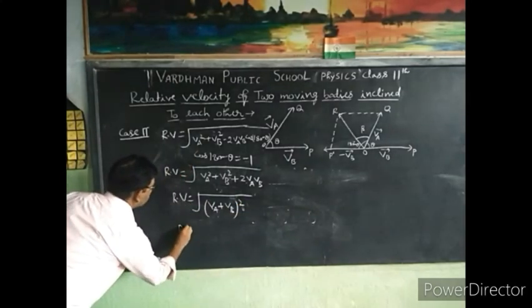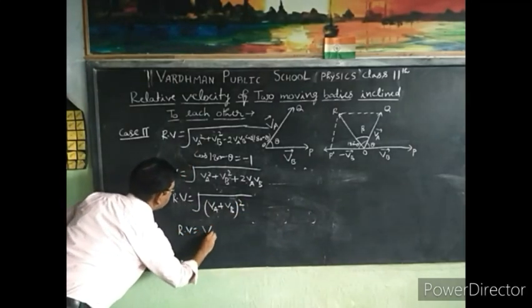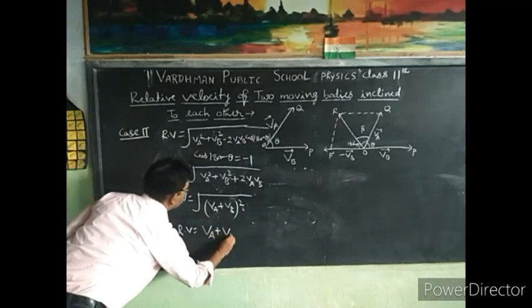Then the relative velocity is equal to Va plus Vb.